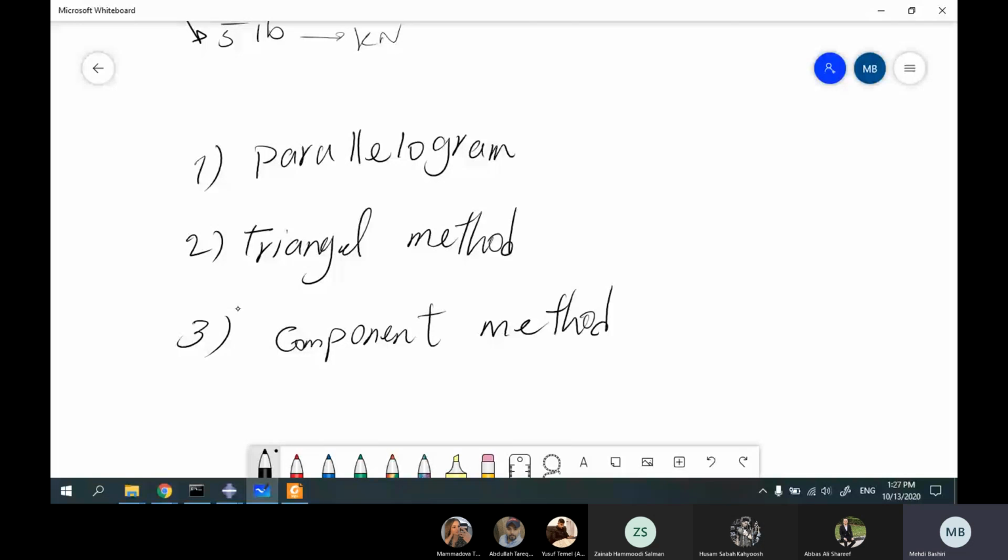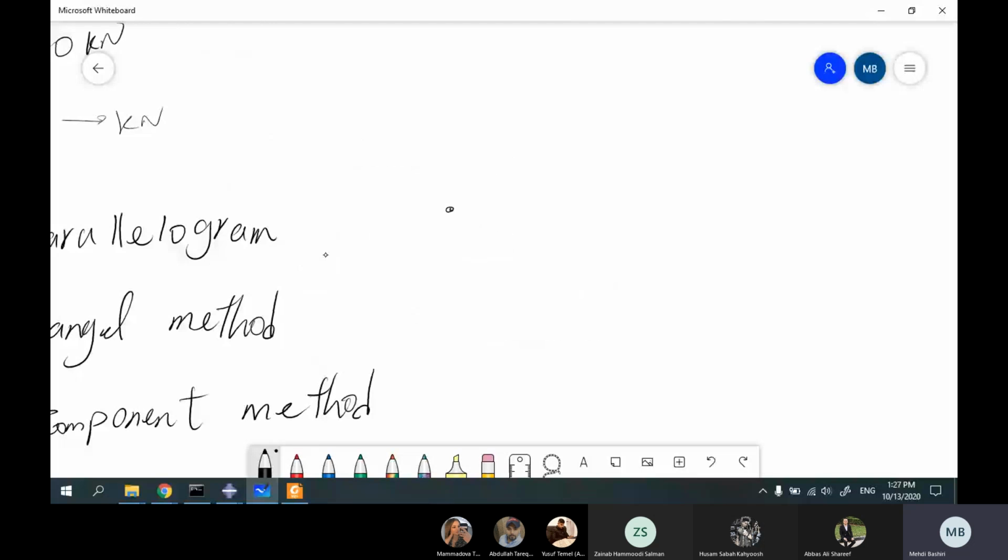In the first method, if we have two forces acting on a point, for example, we have force P and force Q. If I ask you to find the resultant of this system in the parallelogram method, at first, you have to draw a force, draw a vector, for example, parallel to Q from the end of the other one, like this.